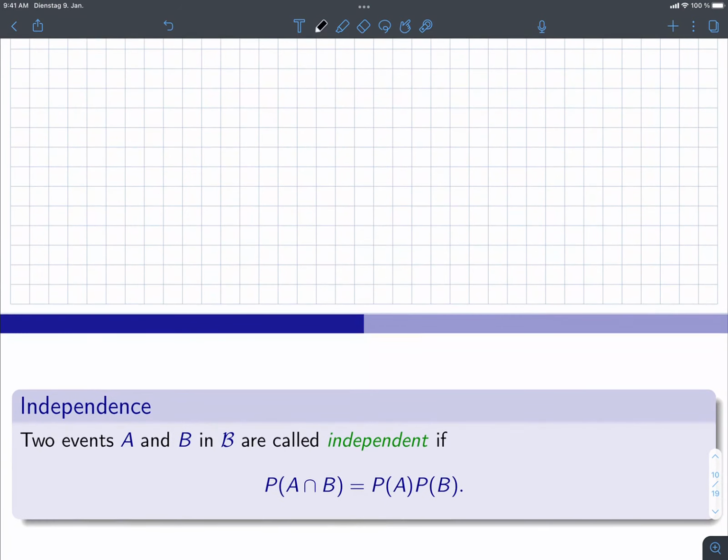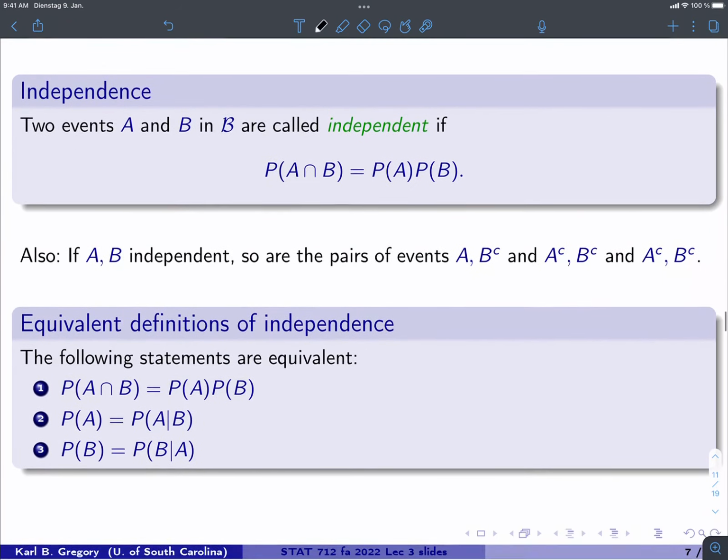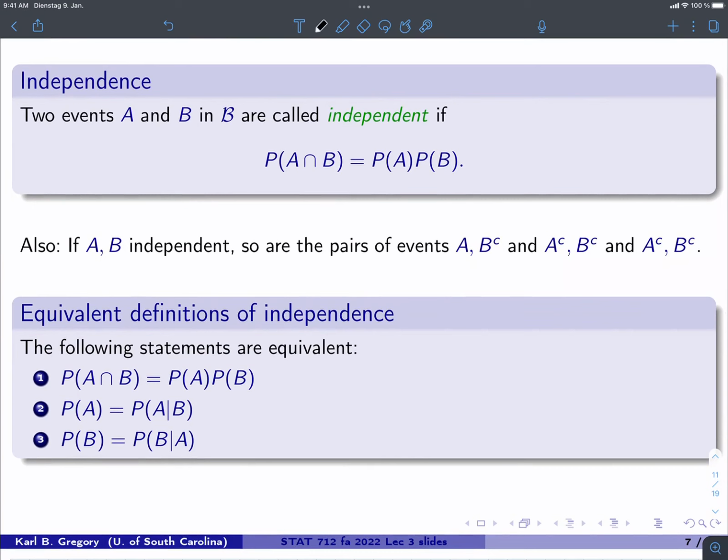Okay, so let's move on to the idea of independence. Two events, A and B, are called independent if the probability of their intersection is the product of their unconditional probabilities.